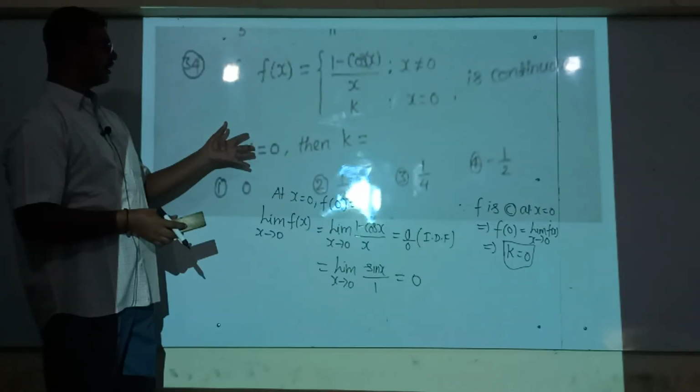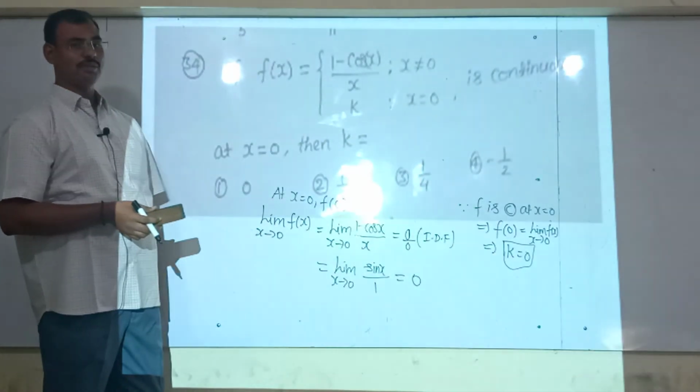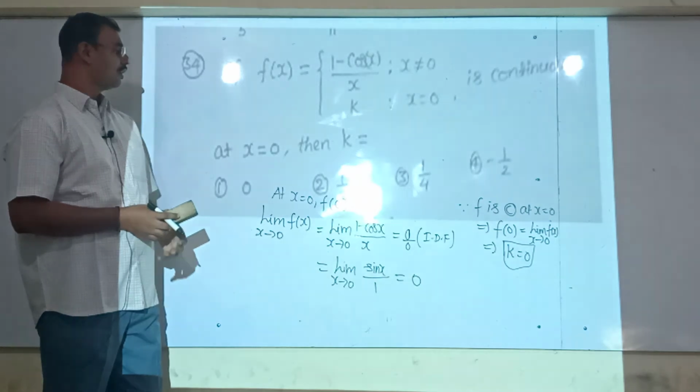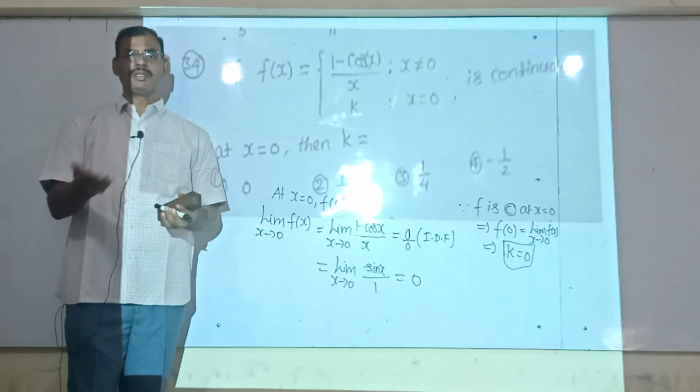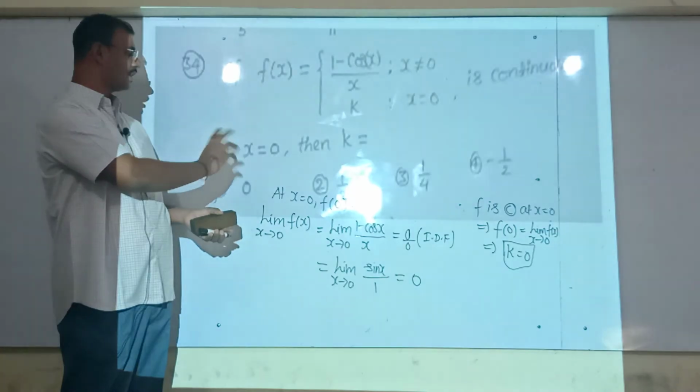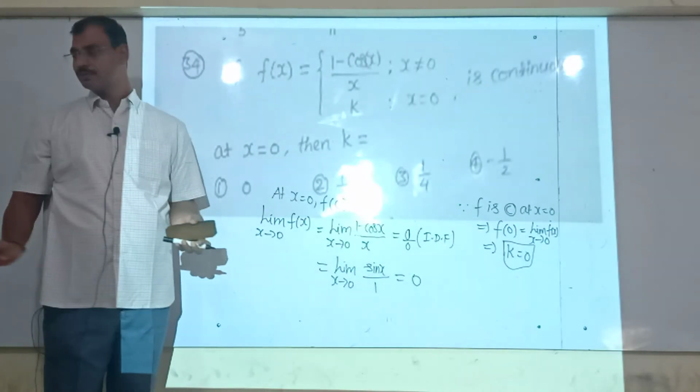Are you okay? So in every question we do that, it's very easy to find the k value. Different questions only, various functions are given, only the method will be the same.